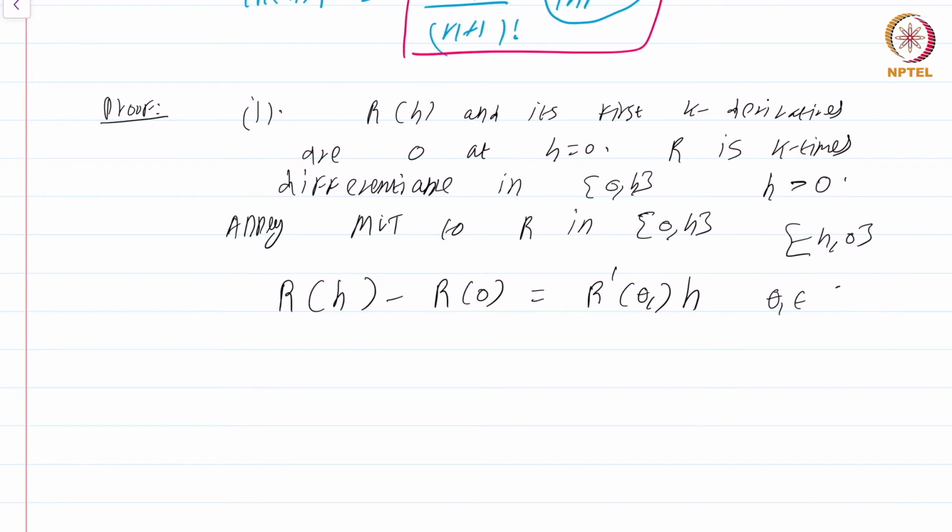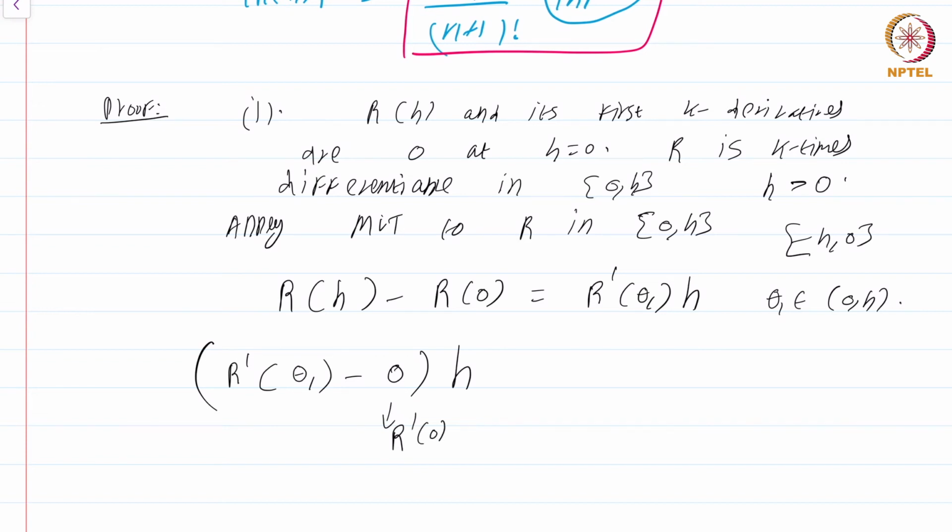Open interval 0h. Now we can of course apply the mean value theorem again to the function r prime of theta 1 minus 0. Look at r prime of theta 1 minus 0. Well, this is just r prime at 0, right?